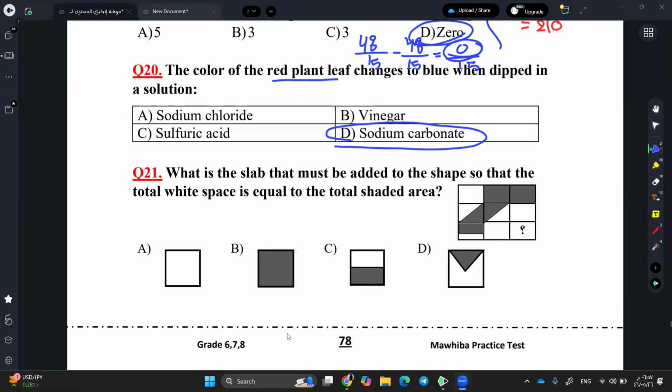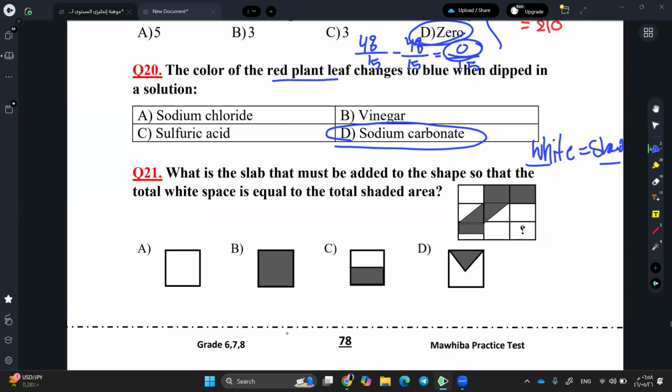Okay, let's solve it together here. First, you have this whole shape, and it wants you to know what is the shape that we can put here to make the white space equal to the shaded area. Okay, so first we should know what is the white area and what is the shaded area.